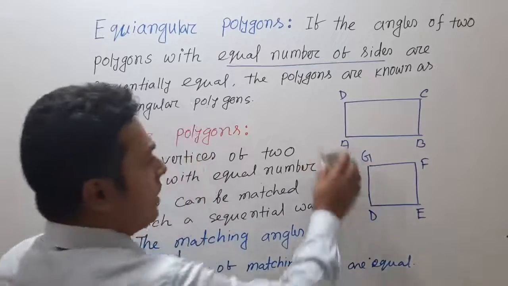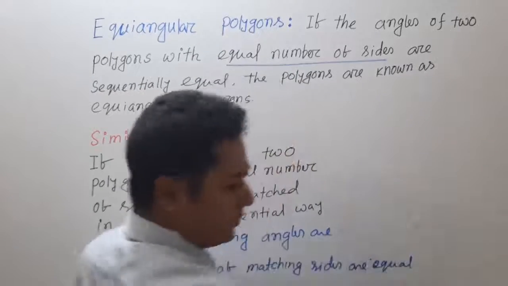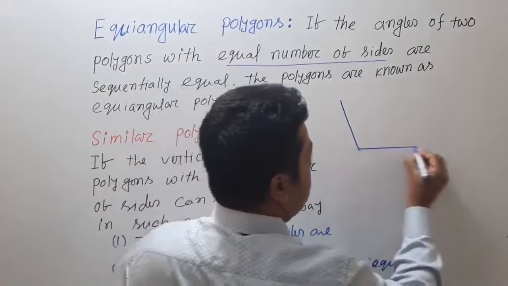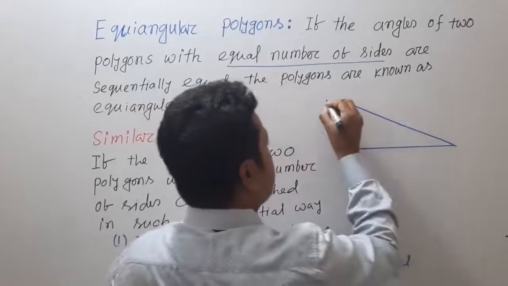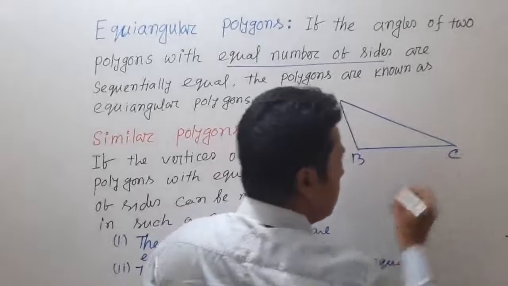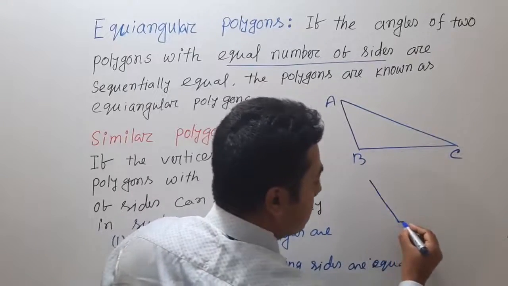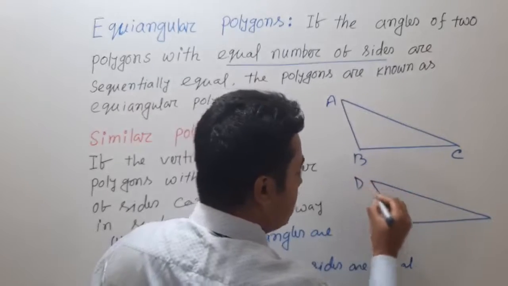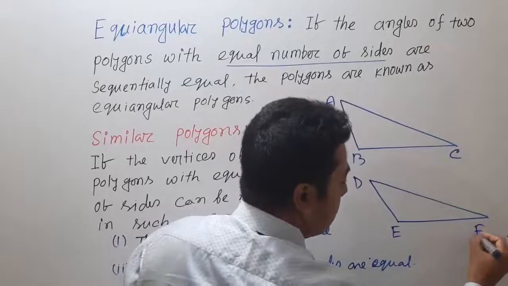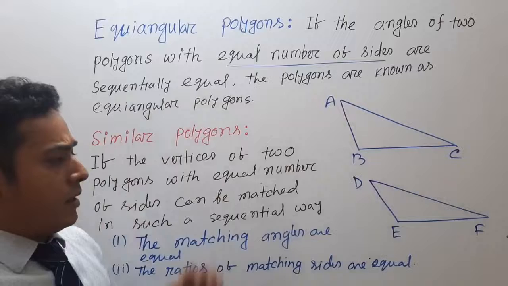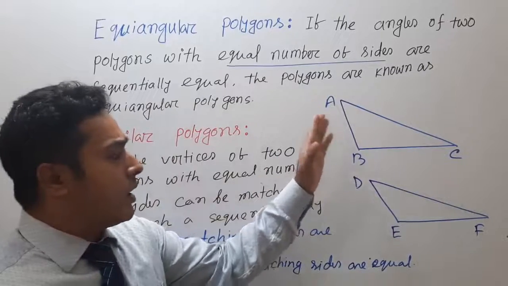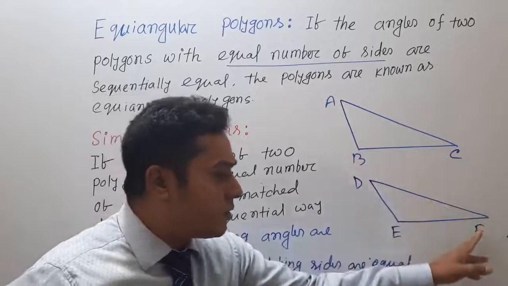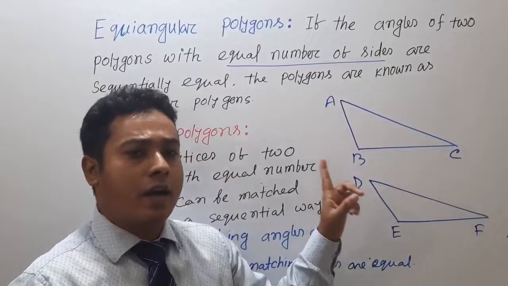Now think about triangles. ABC is a triangle, and DEF is another triangle. If angle A equals angle D, angle B equals angle E, and angle C equals angle F, then as the first condition they are equiangular.